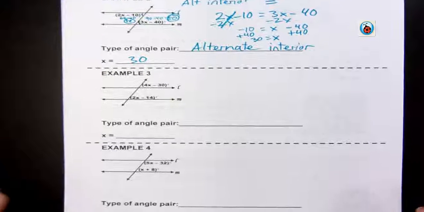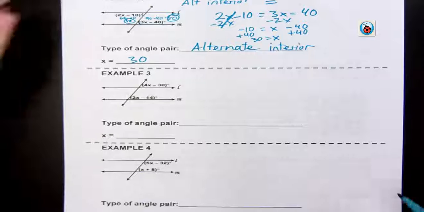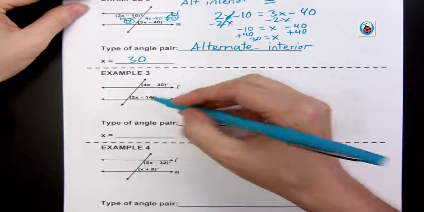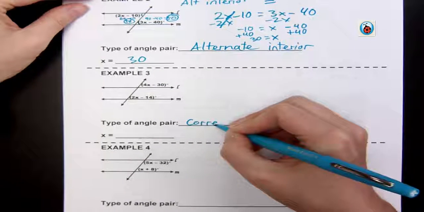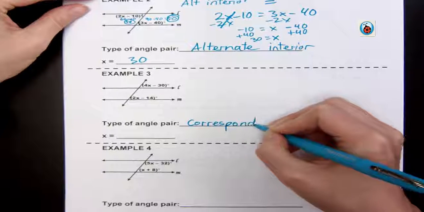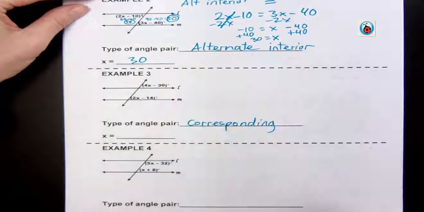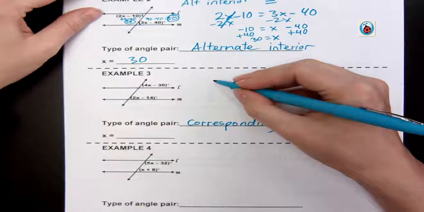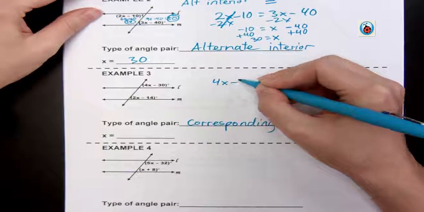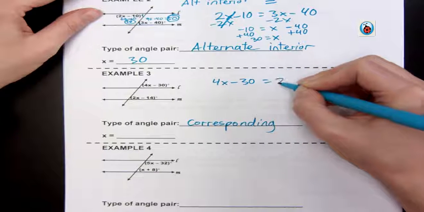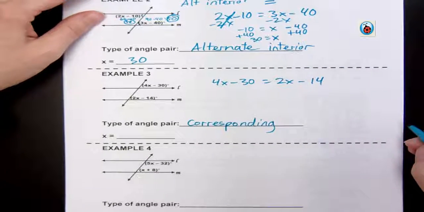Right, example 3, do they equal each other or are they supplementary? So we look, those are my corresponding angles. And I check myself. Yes, they both look acute, so I did it right. And so again, they just equal each other. So 4x minus 30 equals 2x minus 14.